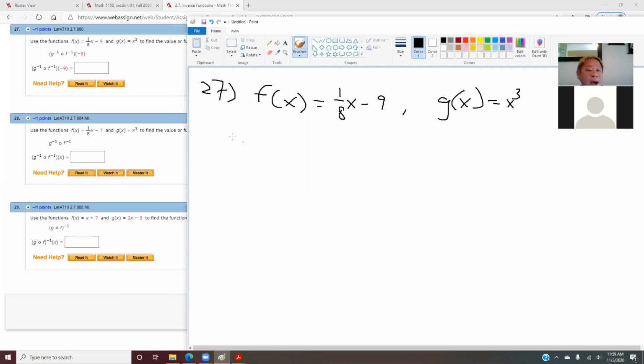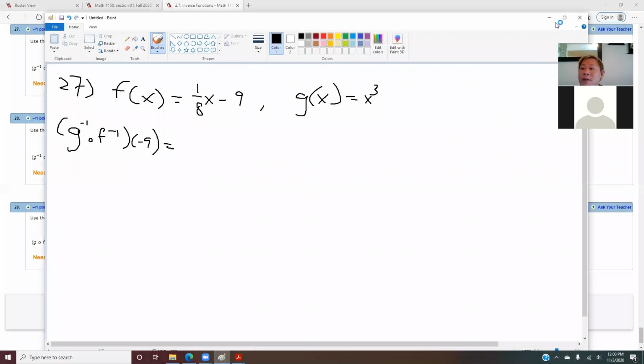And the question is asking us to find g inverse composed with f inverse of negative 9. So this is what the question wants us to find.